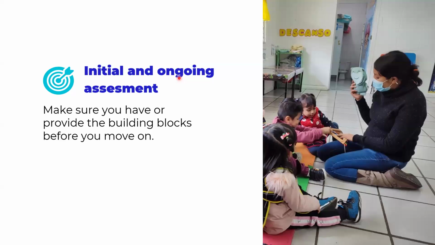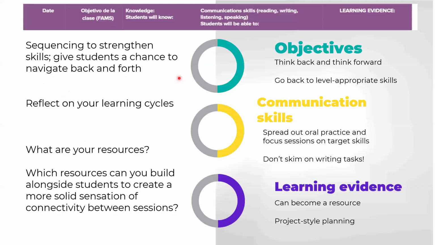So when you're doing your objectives, you always need to think back and think forward and ask, okay, what did I need to get here, and what will I build towards in my next objective? How do I connect it to what's coming?